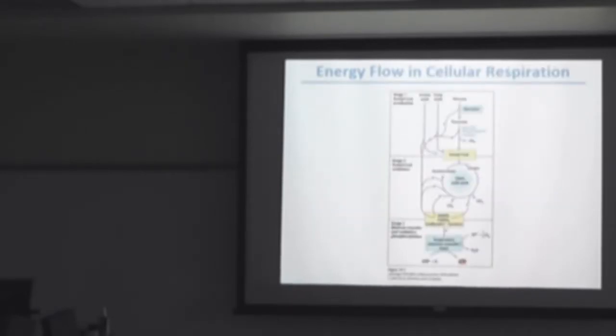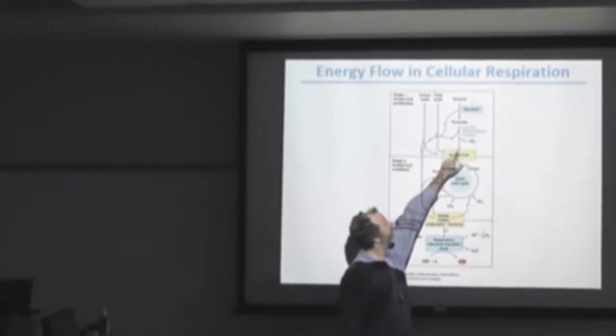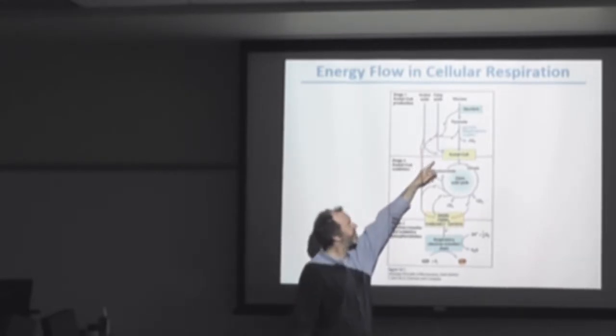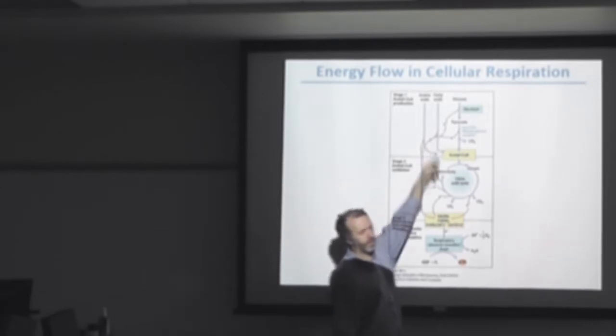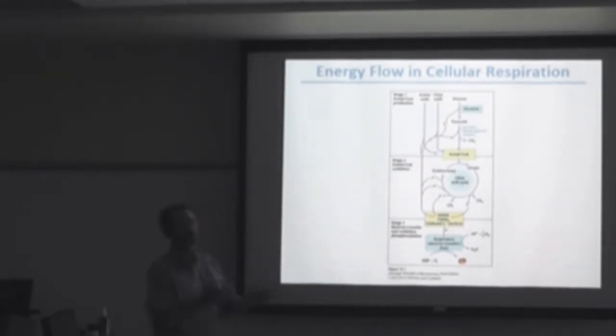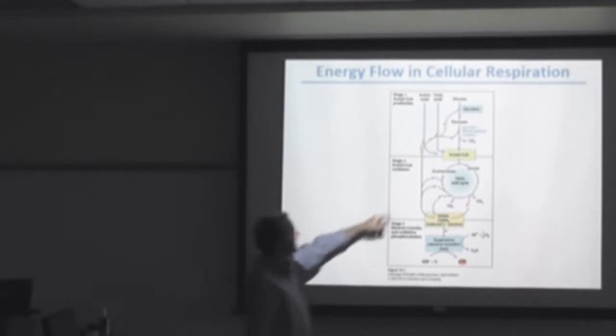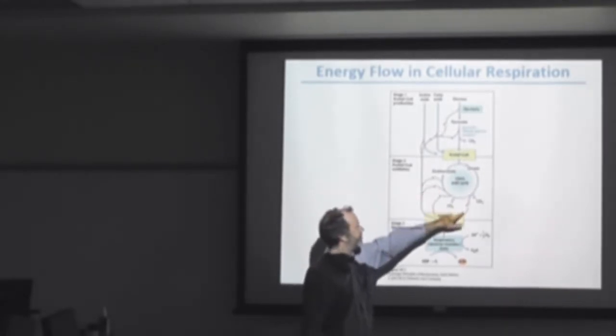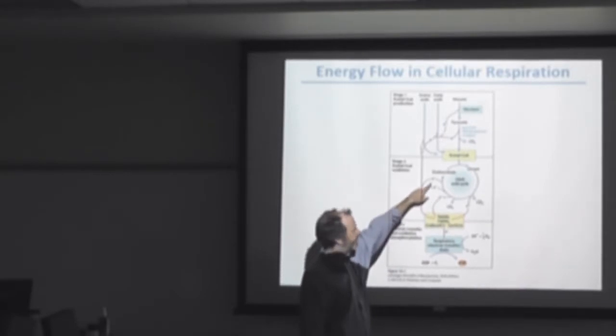So the energy flow in cellular respiration: again, in glycolysis, we capture electrons in the form of NADH. Same with fatty acid oxidation. We're going to capture electrons as we strip off each one of those acetyl-CoAs. Then when we get to the acetyl-CoAs, the citric acid cycle yields more electrons in the form of NADH or FADH2.